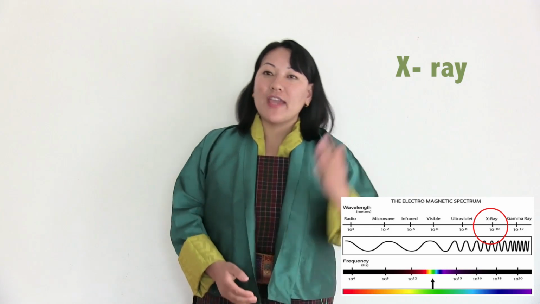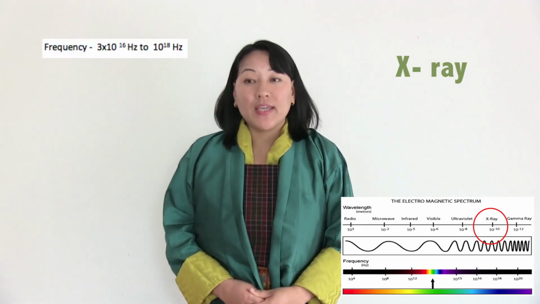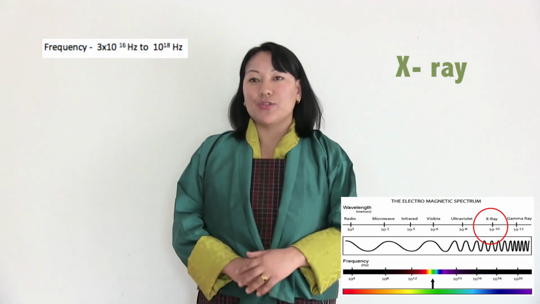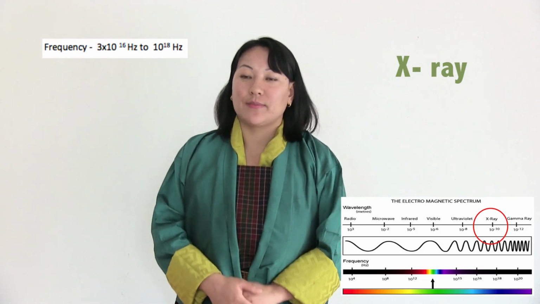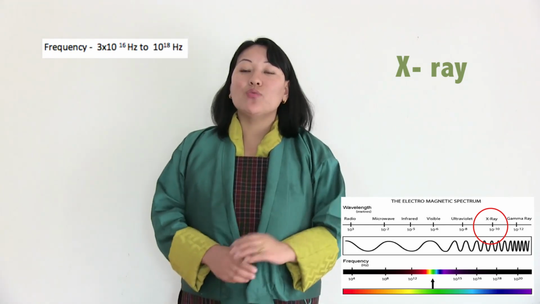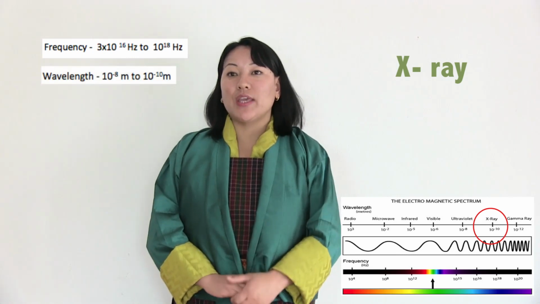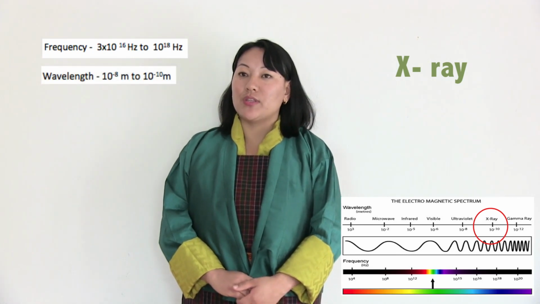The frequency of X-ray ranges between 3 into 10 raised to 16 Hz to 10 raised to 18 Hz. It has a wavelength from 10 raised to negative 8 meter to 10 raised to negative 10 meter.